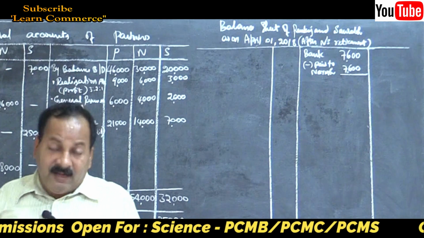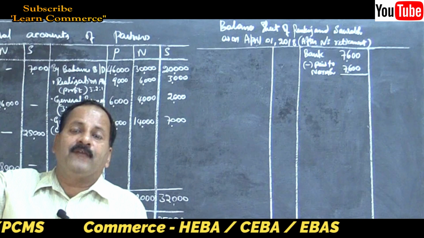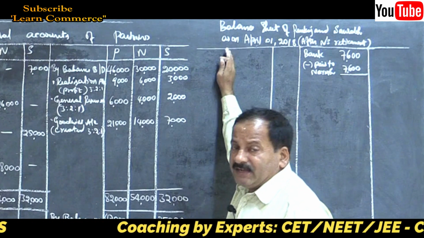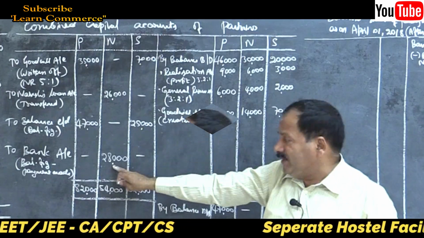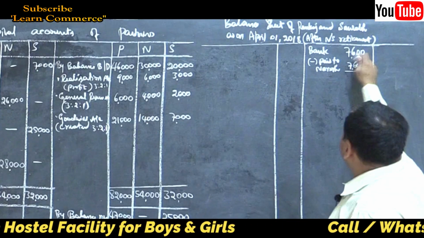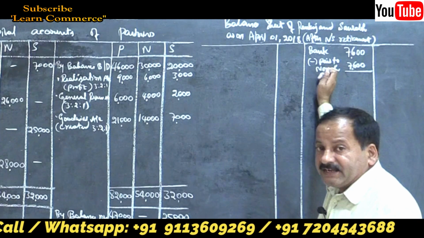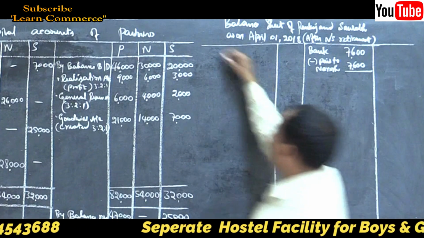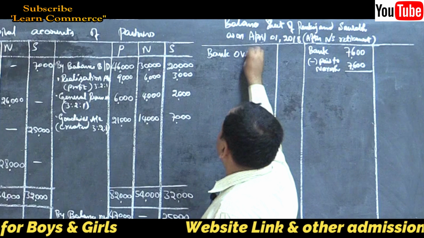Then the remaining, shortage amount is paid through bank overdraft. So what you have to do is immediately create a liability here, otherwise you will forget later. Remember. So the total amount paid to Naresh is 28,000 minus 7,600 which you have utilized from bank balance. How much shortage is there? The shortage amount is 20,400, right? So create that as bank overdraft.